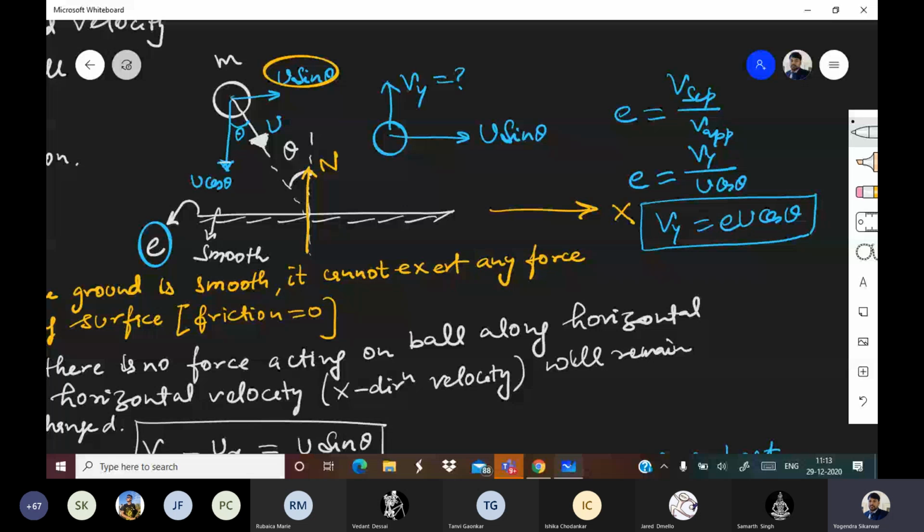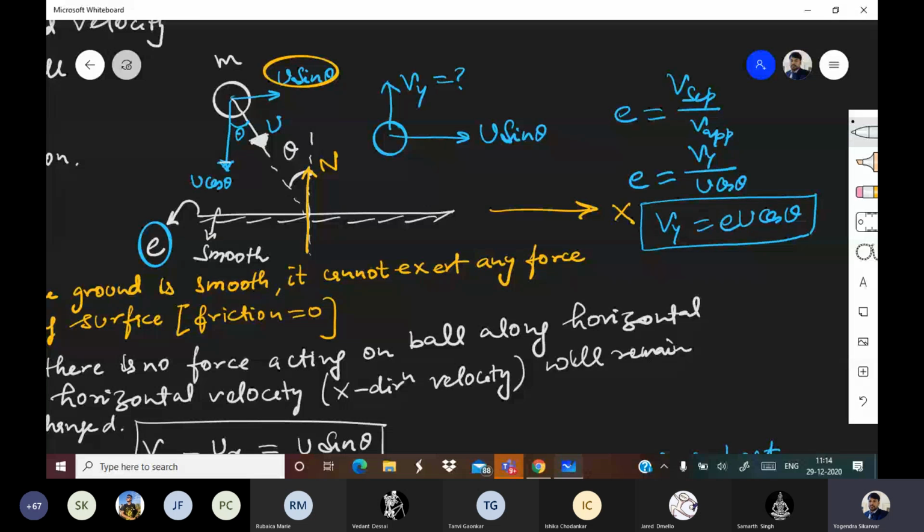What we did was resolve this velocity u into two components: one is u cos theta, one is u sin theta. Listen very carefully. u sin theta is parallel to the ground, and u cos theta is perpendicular to the ground.